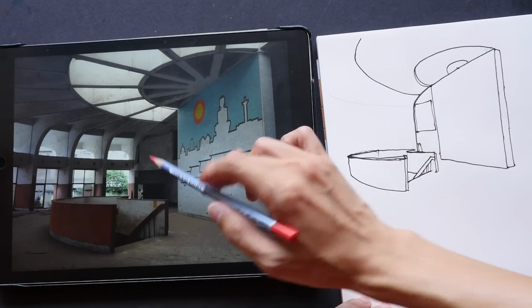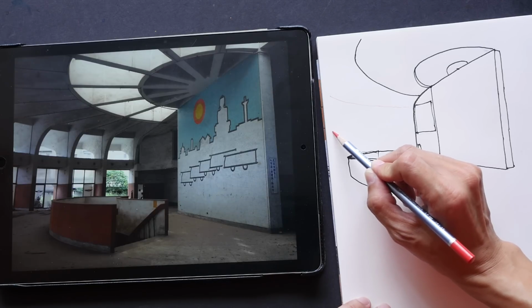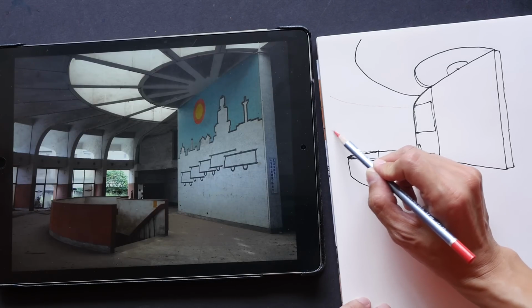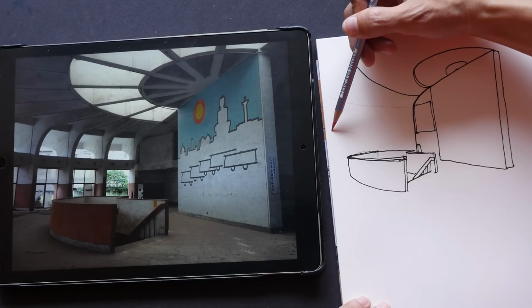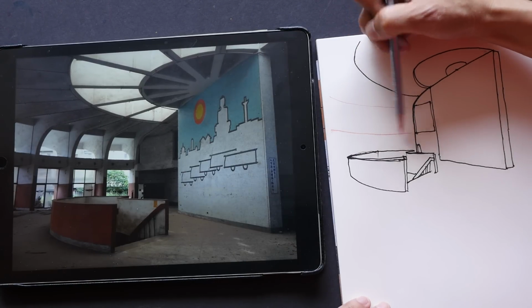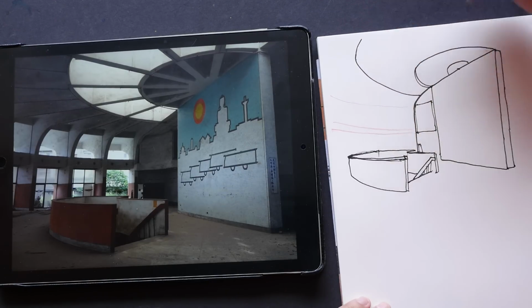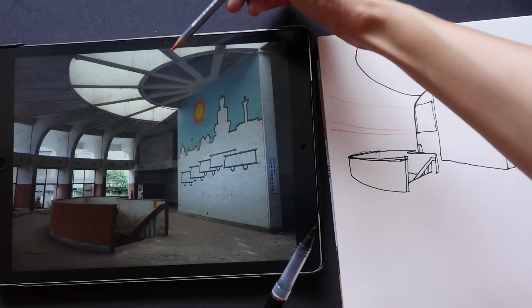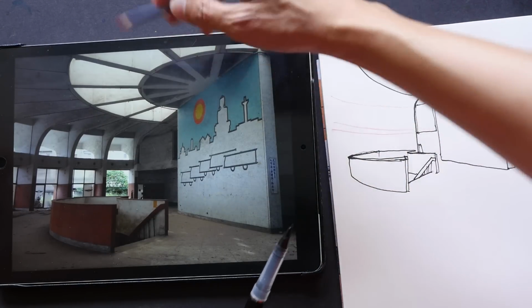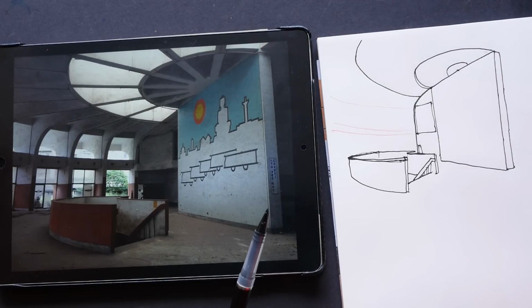And for this curve, it starts here, curves a bit upwards, or from this upper point it curves a bit down. That's the wrong angle. I need to change my hand position. Alright, something like this.